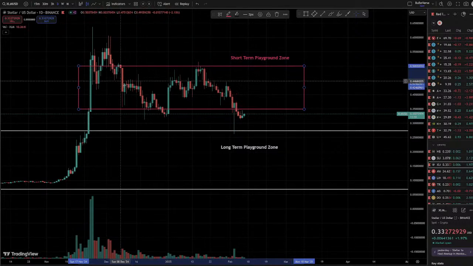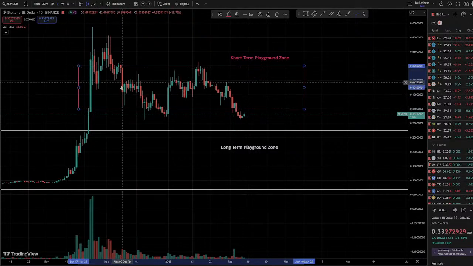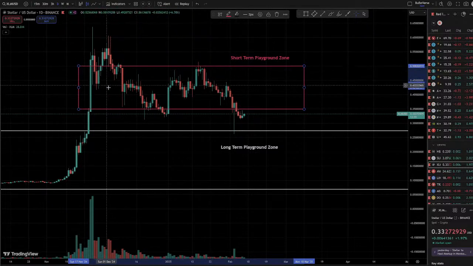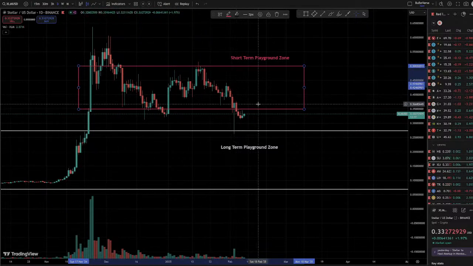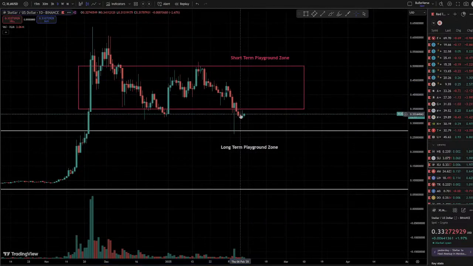Previously, for the past almost 2 months, the Stellar coin was trading above this or within this level, this trading range. Right now, these two candles, actually you can count it as 3 as well.